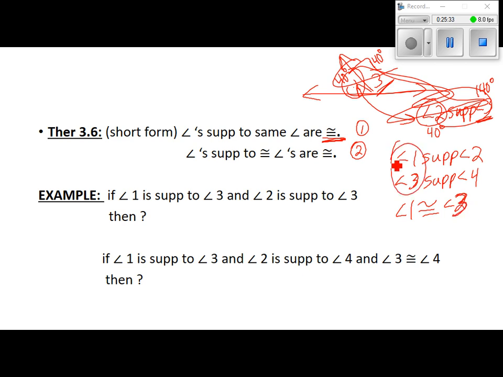If these two are congruent, what has to be true about angle 2 and angle 4? They have to be congruent. So the first one says they're supplementary to the same angle. The second one says they're supplementary to 2 congruent angles. So 2 theorems there that we'll use in our 2-column proofs.